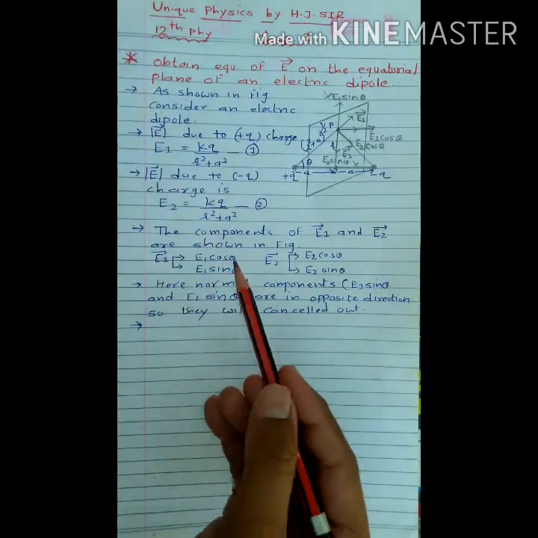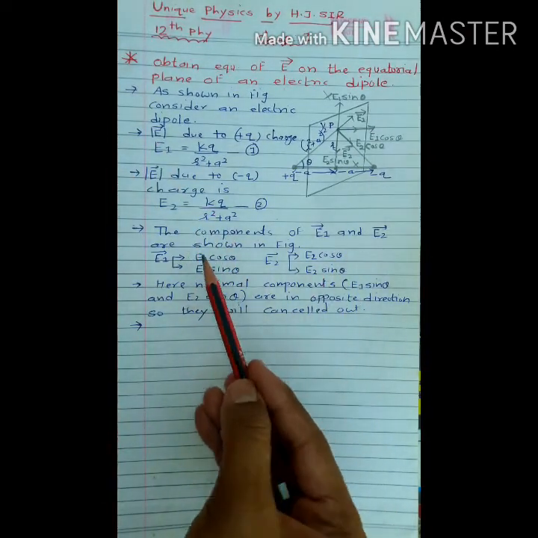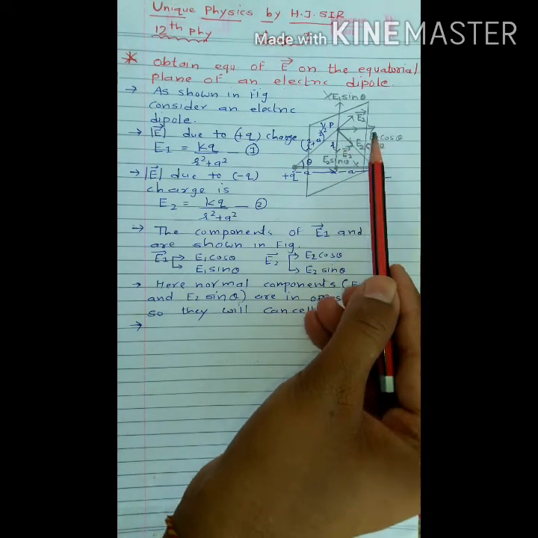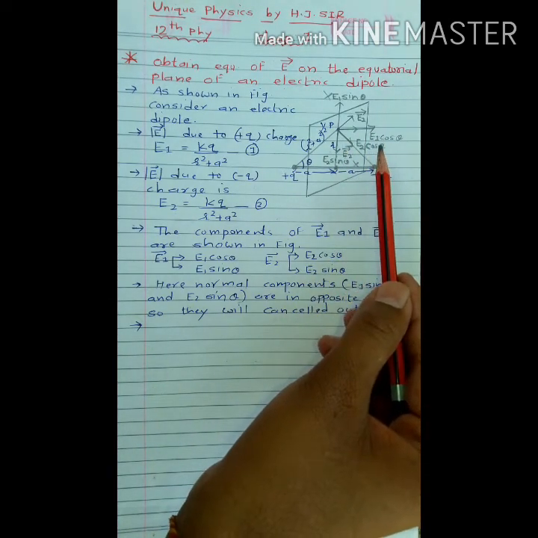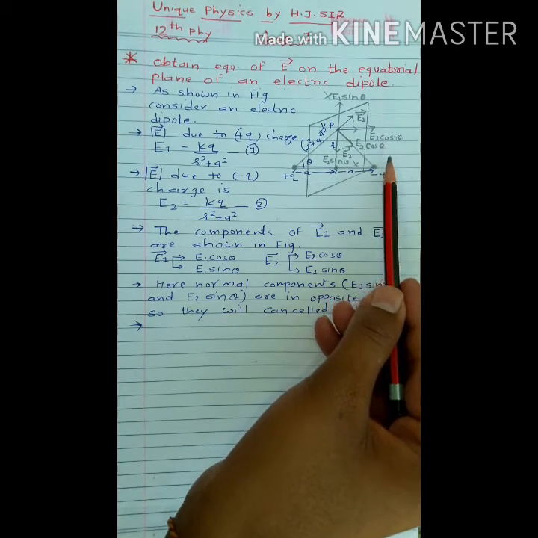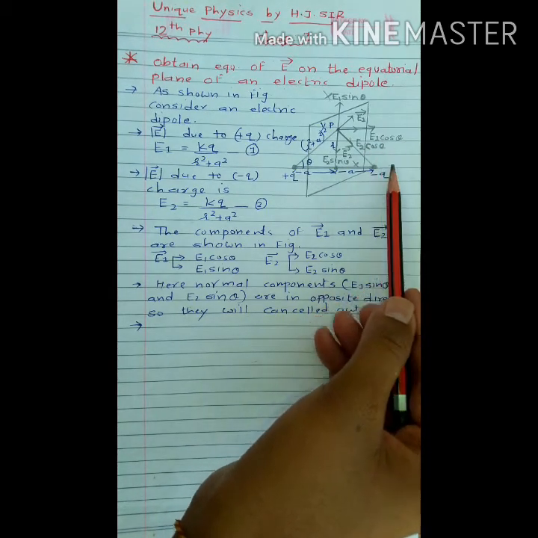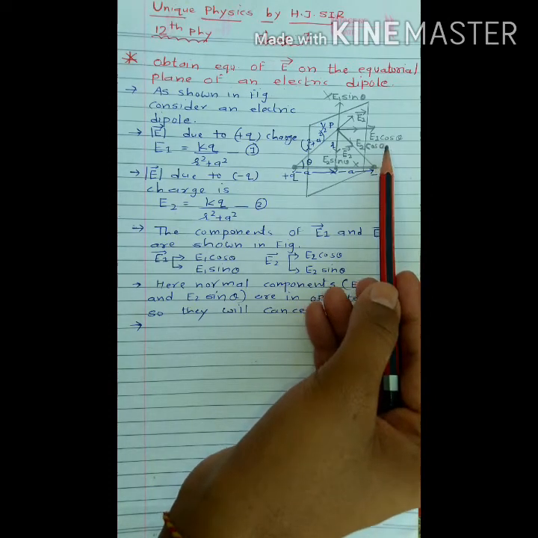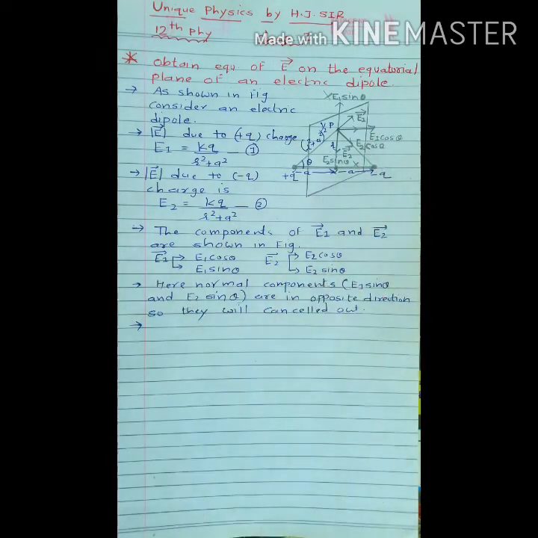So only the parallel components remain, that is E1 cos theta and E2 cos theta. See this figure again. E1 cos theta and E2 cos theta both are prevailing in the same direction, so they are added up. So here we want the total electric field due to only the parallel components.